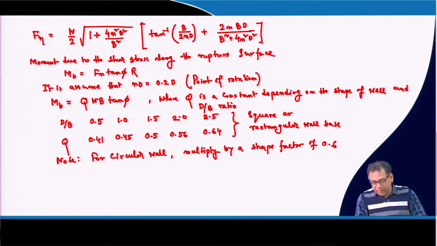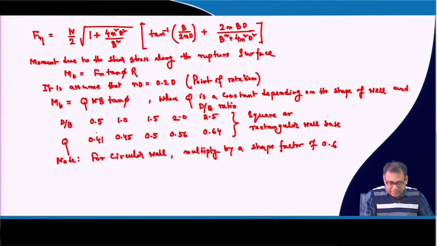So, for a circular well we first get the q value from this table, and then we have to multiply these values by 0.6. For square and rectangular well bases we can directly use these values, but for circular well we have to multiply by 0.6. Okay. So, this is MB we can determine from this equation.